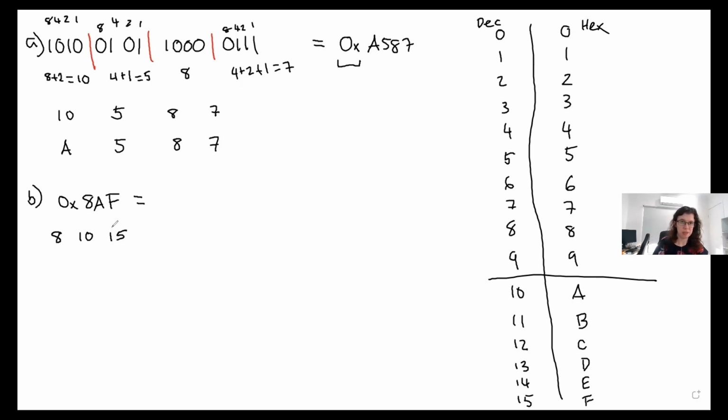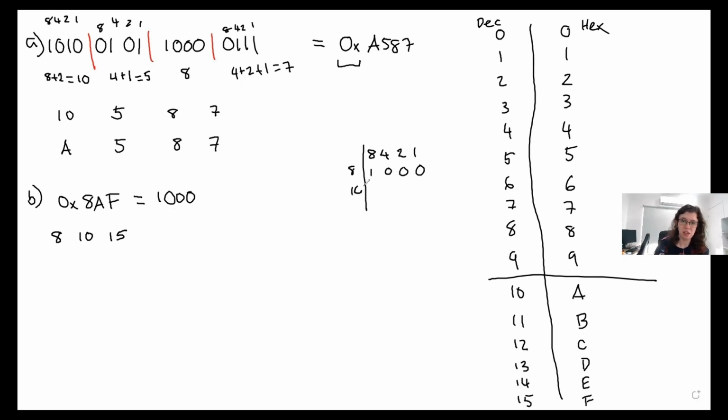We need to work out which bits to switch on for each one. For the first set of 4, we write out the places: 8, 4, 2, 1. If we want to create 8, we only switch on the 8 bit, so 1, 0, 0, 0 would be our 8.